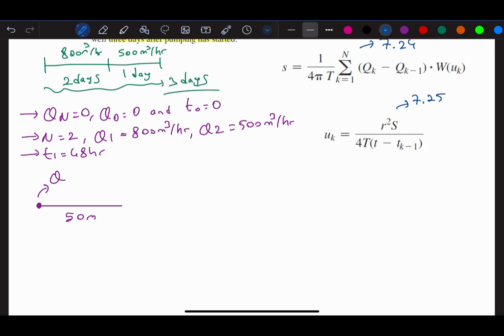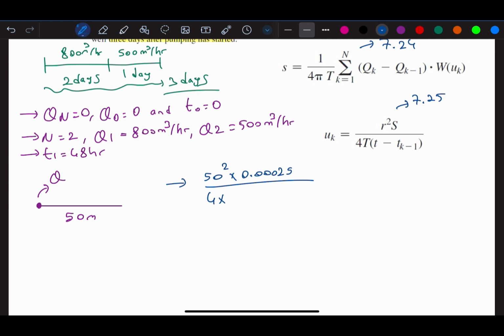So for the first segment, which is 2 days of 800 cubic meter per hour flow rate, we can use this U value. R is 50, so we have 50 squared. The storage coefficient is 0.00025.